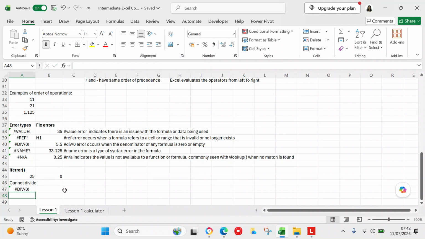So we get a divide by 0 error there. Basically, instead of giving you the divide by 0 error, you can just say cannot divide.